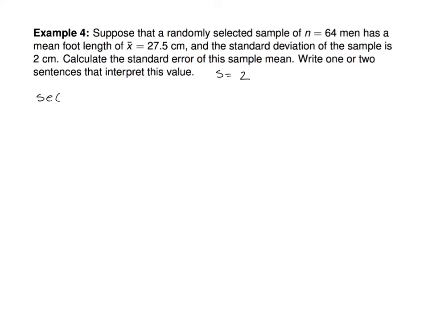So the standard error of x bar is just S over root n, which is 2 over root 64, which is 8. And I think 2 over 8 reduces to 0.25, right? Okay.